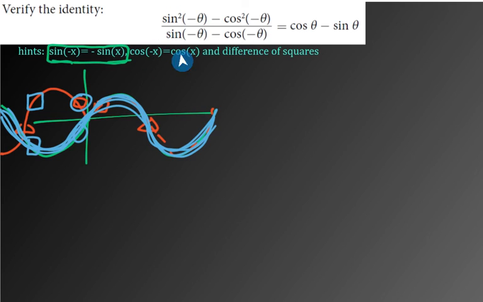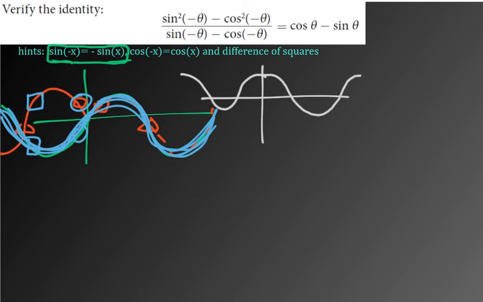This one's probably a little easier to see because it is an easier relationship. But if you take cosine, cosine roughly looks like that. Cosine is nice and symmetric with the y-axis. So if you do a horizontal flip, this would move over here, this would move over here, this would move over here.